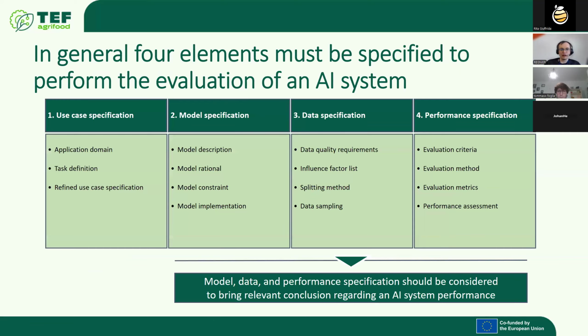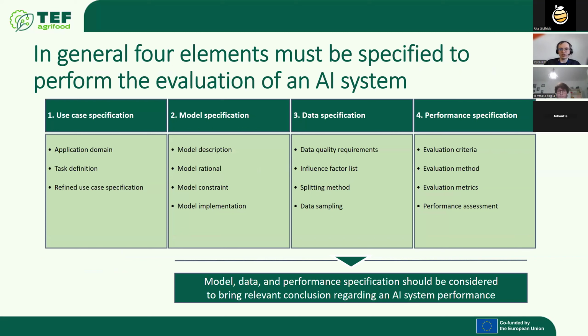So this slide highlights the four key elements required to properly evaluate an AI system. First, the use case specification defines the application domain, the task, and the decision context. Second, the model specification clarifies how the model works, its assumptions, and its constraints.